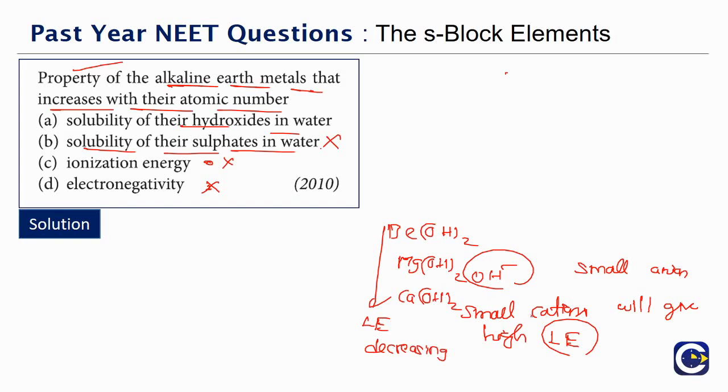So small cations will be able to arrange themselves in the lattice efficiently, so that in the case of small cations, the lattice energy will be high. As you go down the group, the cation size is increasing, so there will be a difference in size. Cation will become more and more large, anion is small. So because of the size difference, the lattice energy will not be high. Lattice energy will actually decrease down the group.